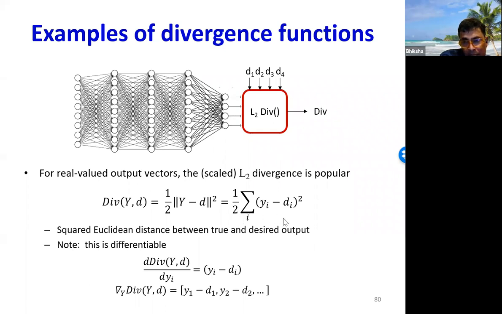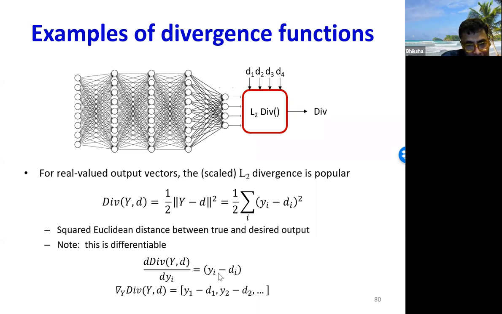And so when I take the derivative of this divergence with respect to, say, any one component of the output, yi, the 2's will cancel out. We're just going to end up with yi minus di, which is the difference between the actual output and the desired output. And so the gradient, the derivative of the divergence with respect to this entire output vector y, is going to be a row vector of the partial derivatives with respect to the individual components.